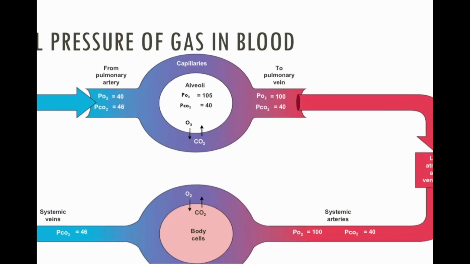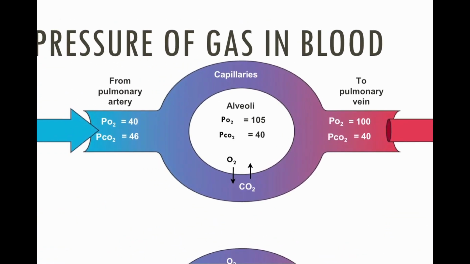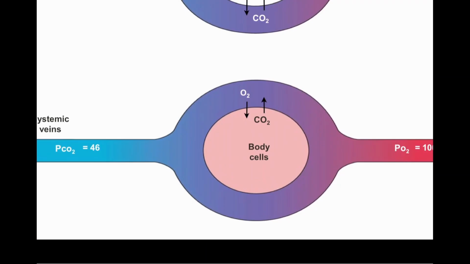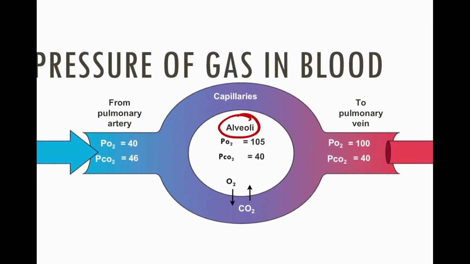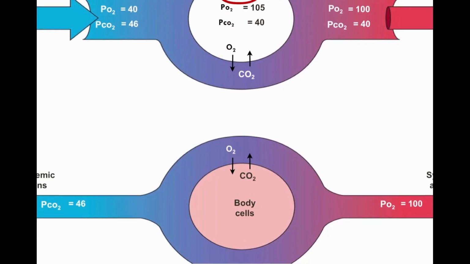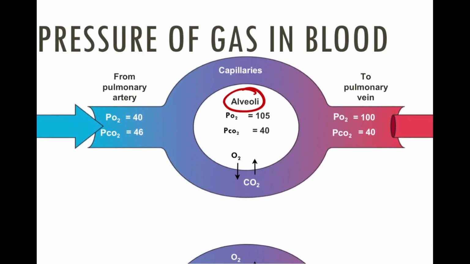So this is one way of looking at it. We have our capillaries, and we have the body cells. This is the lungs up here. Here's your alveoli, and underneath it, we have the body cells. In the alveoli, coming back from the pulmonary arteries, this is all the blood that came from the system, right?